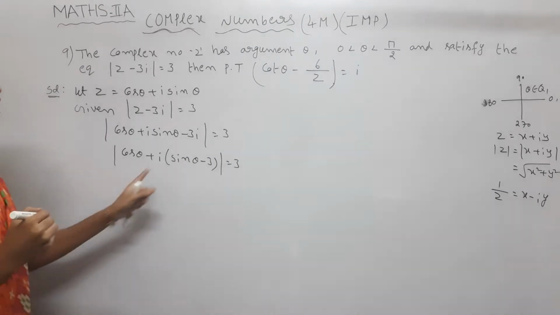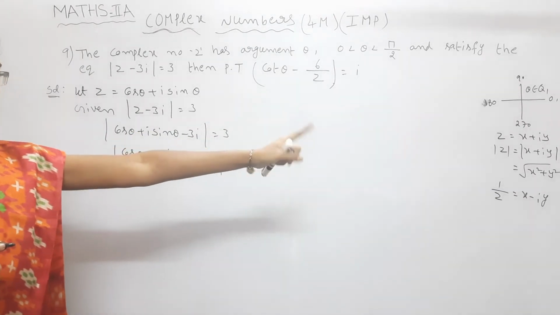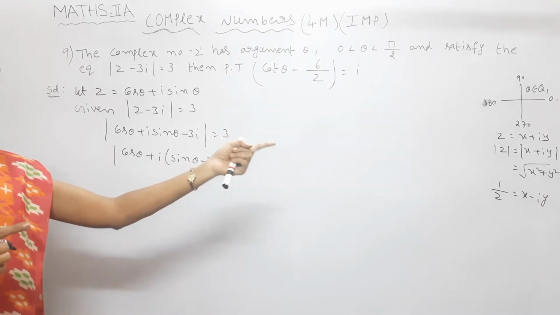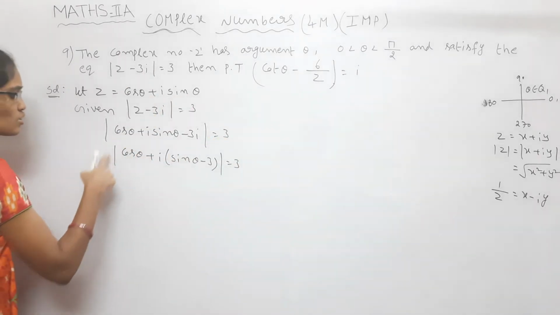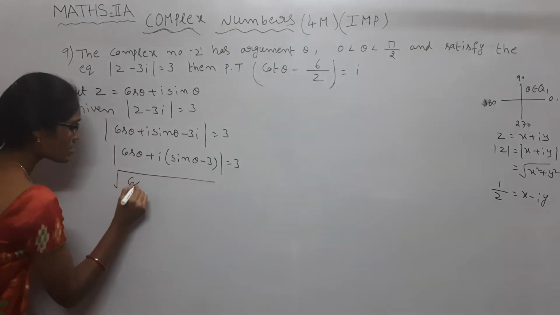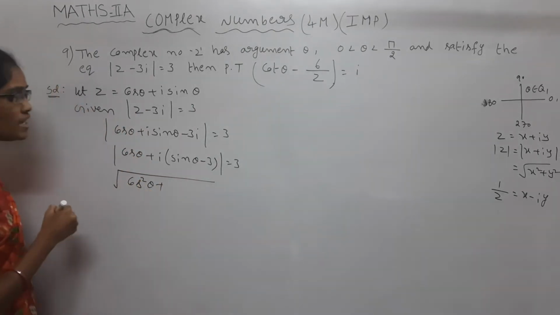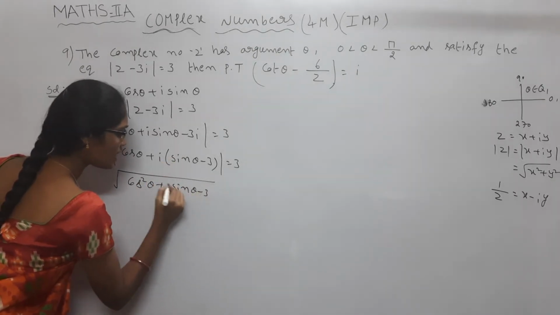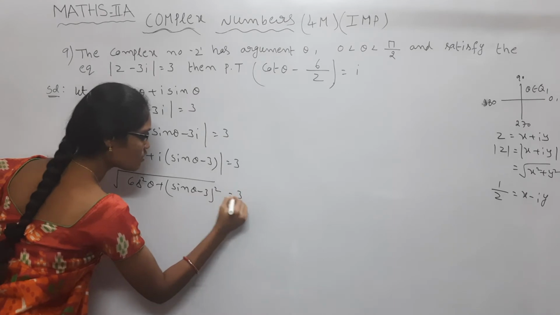So the magnitude is the square root of real part squared plus imaginary part squared: the square root of cos square theta plus (sin theta - 3) whole square equals 3.